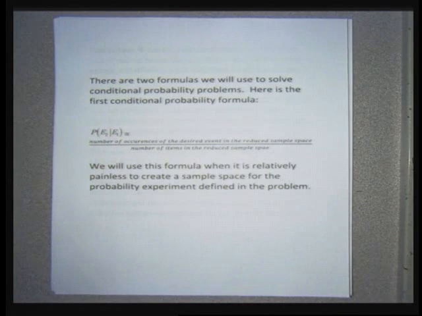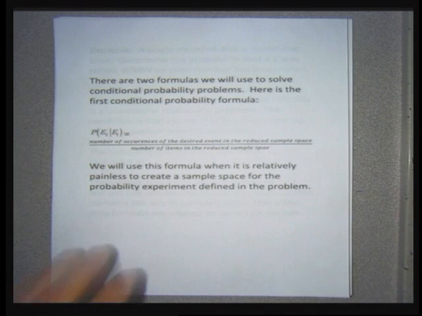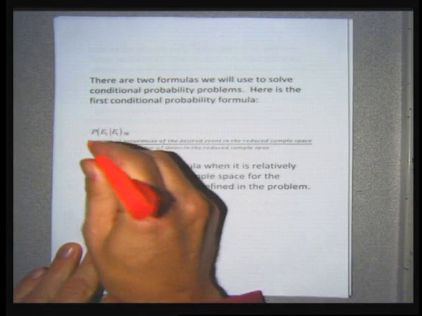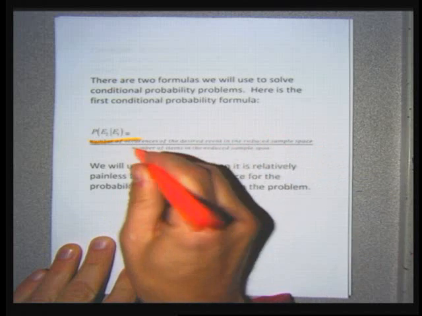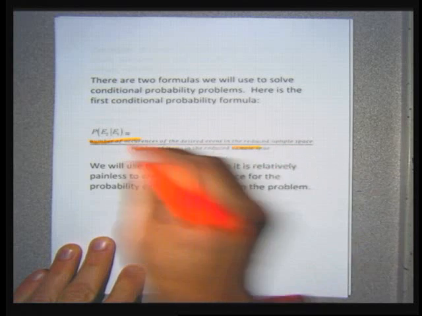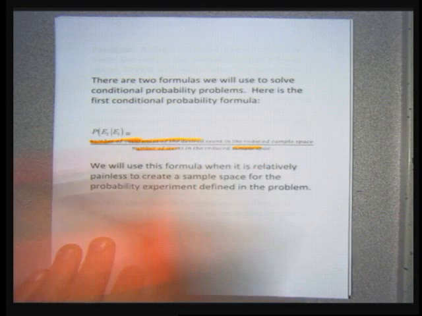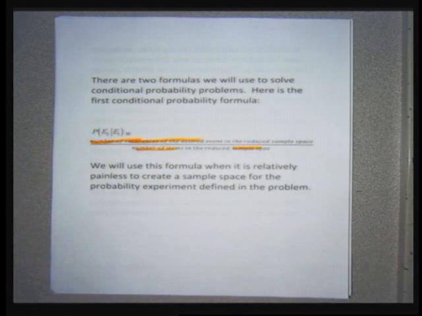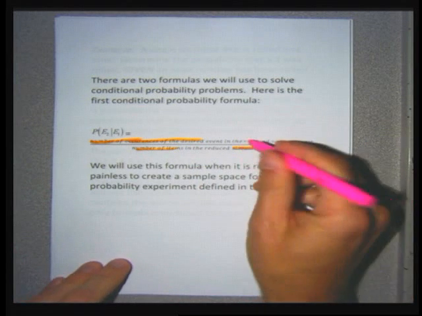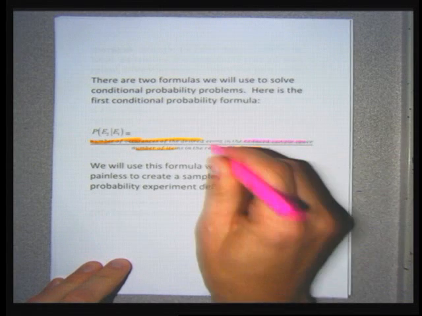So there are two ways to compute conditional probability, and the first way uses a formula that's essentially the same formula that we've been using all this chapter to compute probability. The probability of an event happening is the number of ways the event can occur divided by the number of items in the sample space. But the big difference in this section is that the sample space is going to be reduced to fit the problem.